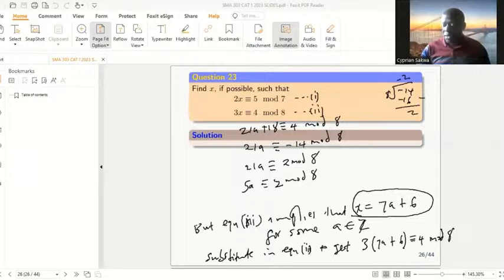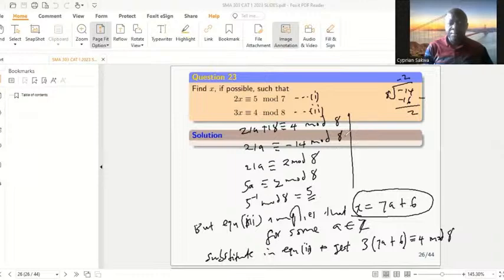I'm using my calculator, trying the numbers 0, 1, 2, 3, up to 7, and I find that the inverse of 5 mod 8 is 5, because 5 times 5 would be 25, and 8 goes into 25 three times, giving 24. The remainder is 1. So 5 is the inverse of 5.